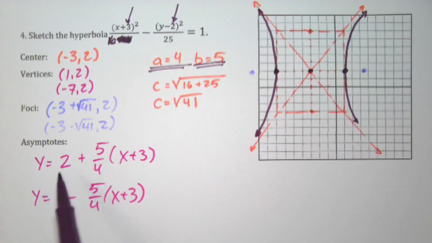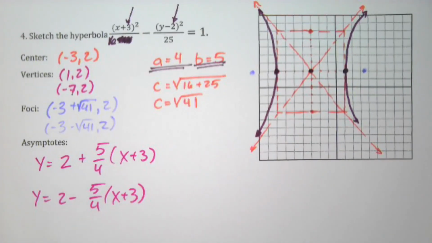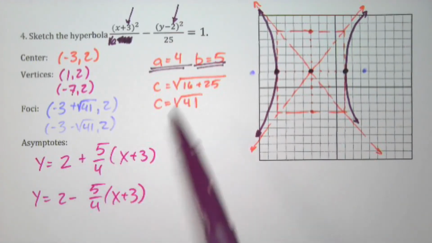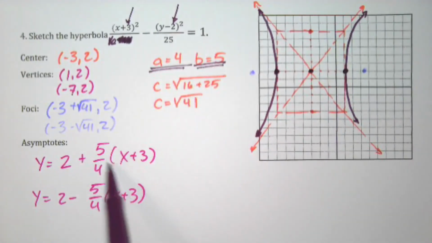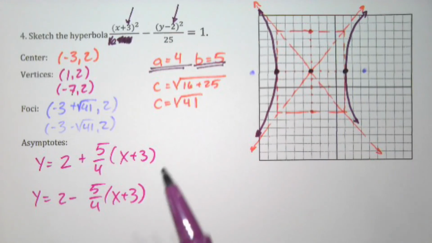Lastly, we use our 2 formulas from that page before to get our 2 asymptotes. So we end up with y equals 2 plus 5 over 4, so k plus that b over a, 5 over 4, times our x minus h, but for us that's x plus 3. So we get the positive version, and we get that negative version.